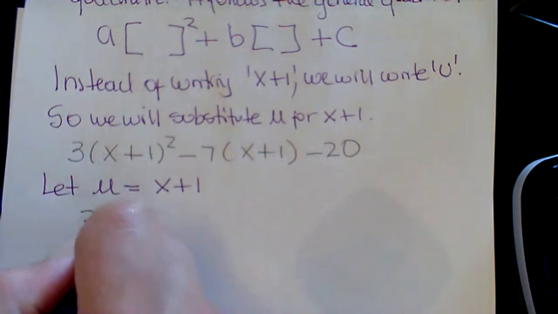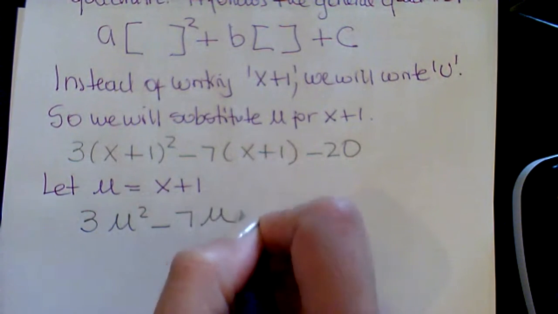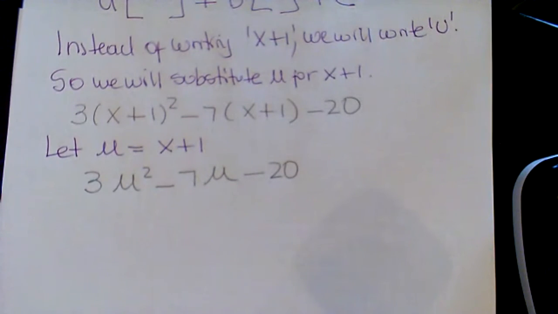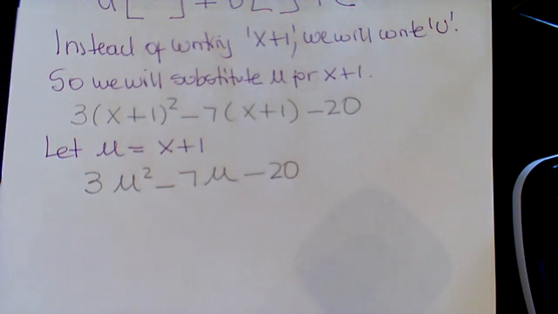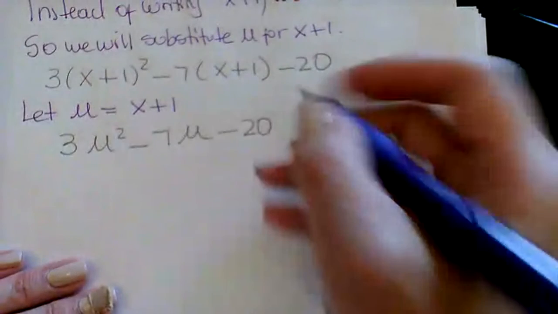So it's going to be 3u squared minus 7u minus 20. U is like a variable. It could be x, y, any, like we're using now. So now what are we doing? Using the box method. So now we use the box method to solve it.